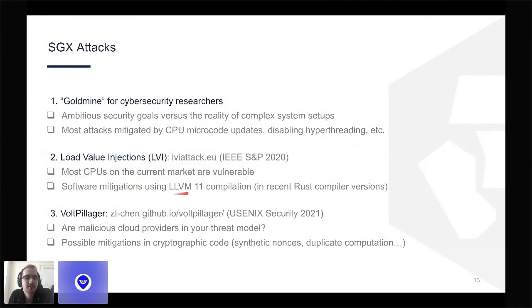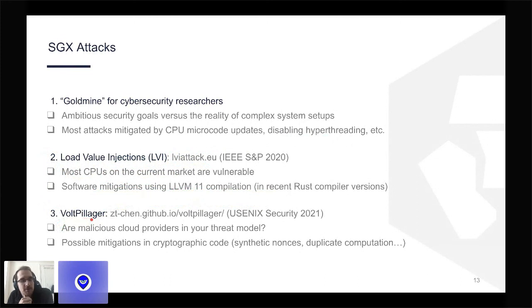Luckily, the latest LLVM has an option to mitigate this type of attack, and it's already shipped by default in recent Rust compiler versions. So if you use the Fortanix target, it will automatically use these compiler flags in LLVM to mitigate this attack. The other, also quite recent, is Voltpillager.